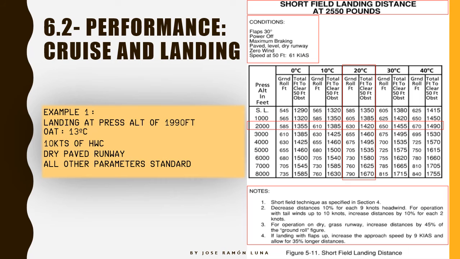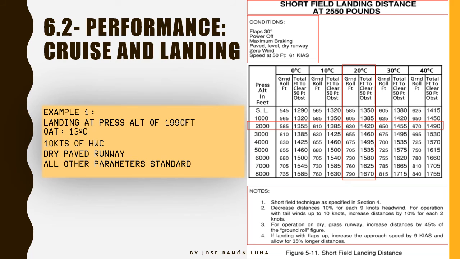4. If landing with flaps up, increase the approach speed by 9 knots and allow for 35% longer distances. So if your flaps are not down, you're going to have to add some distance. In this case, our parameters are standard.